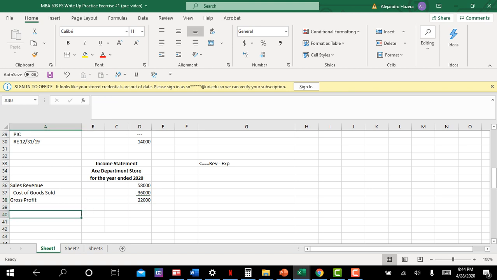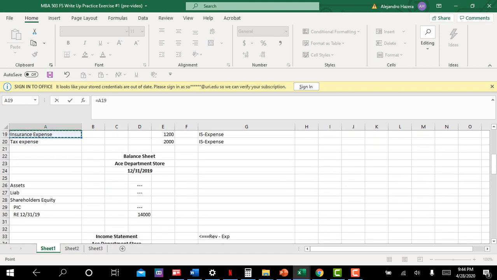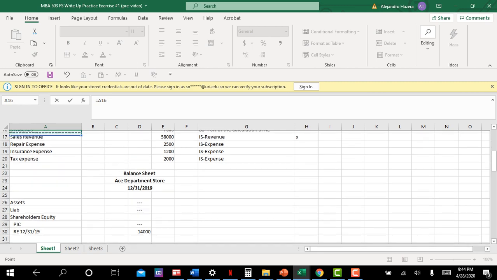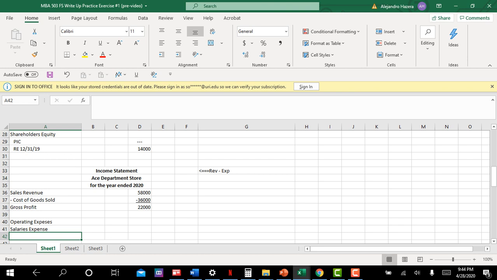Okay, then I'm going to take out what I'll call operating expenses. And these are usually fairly easy because they're just one-time line items. Now looking at this, there are 4 operating expenses here, and these are all going to be negative. Let's put the titles in first. First thing I'm going to do is take out salaries expense.